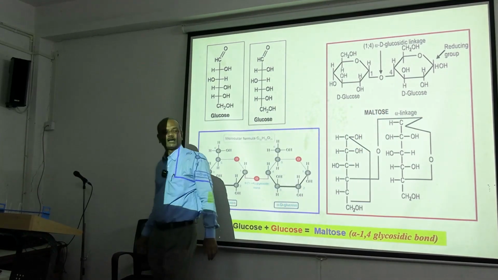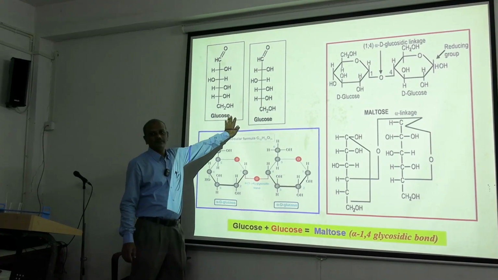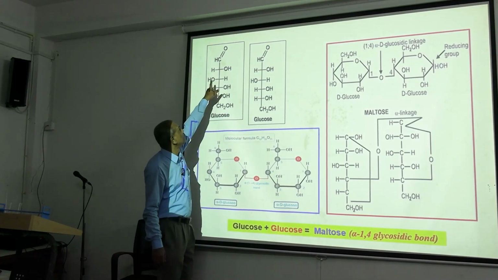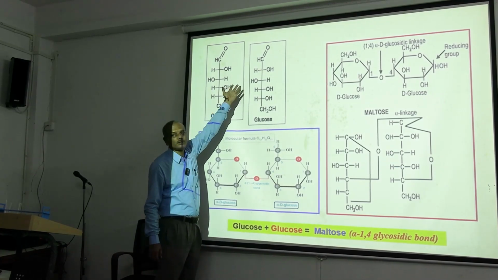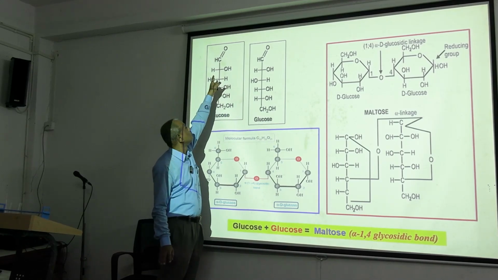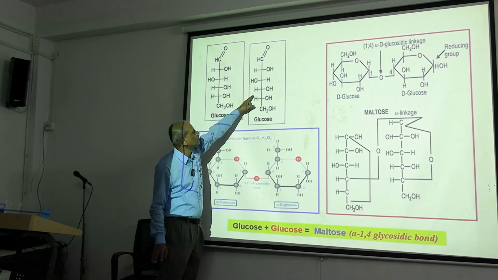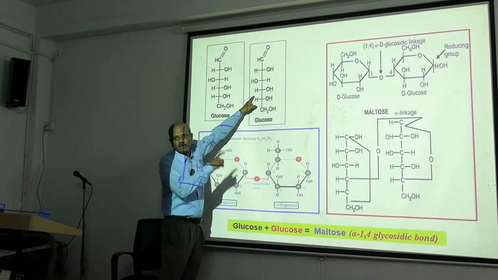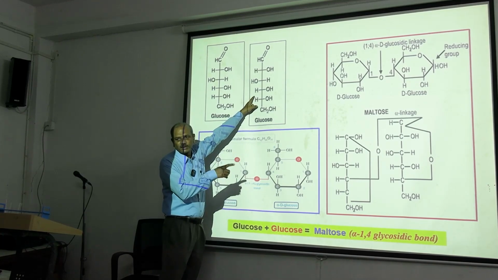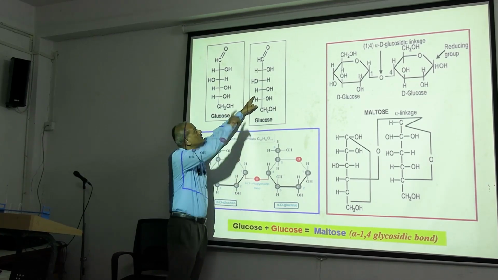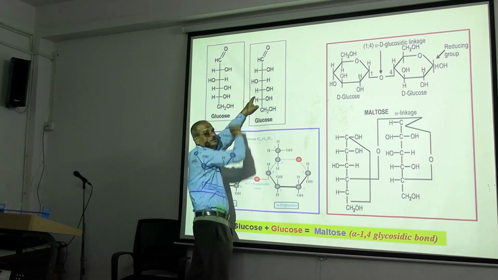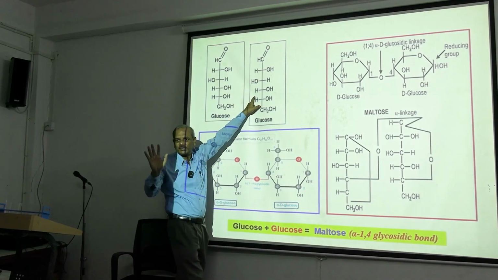Deliberately for your understanding, I have written this structure. See here, the number one position of glucose is there, and here the number one position of glucose is there. So number 1 of this glucose and number 4 of this one will make a glycosidic bond. So the CHO group of one glucose will remain free.